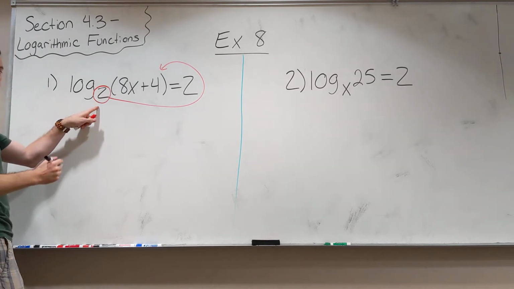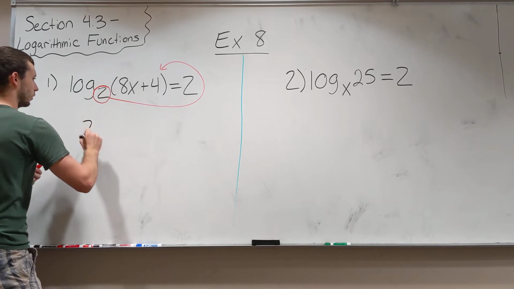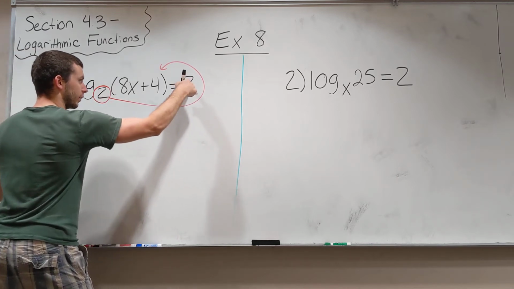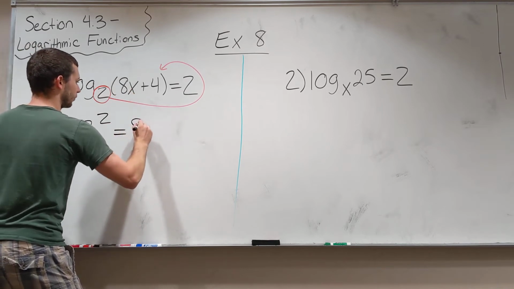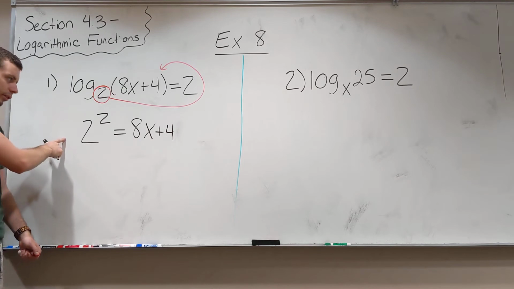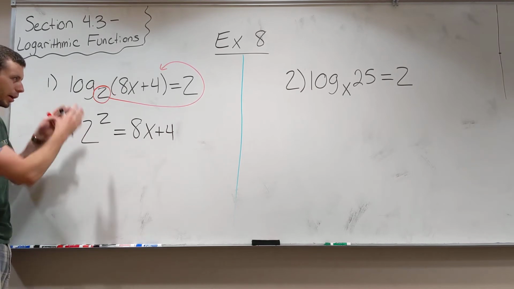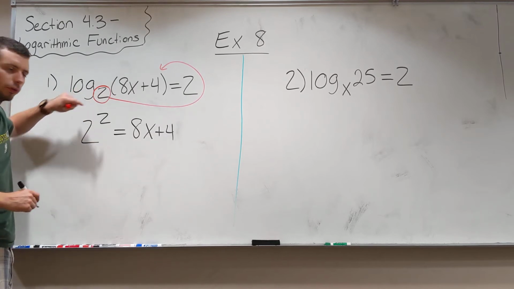So this tells us, we are rewriting this as an exponential: 2 raised to the second power is equal to 8x plus 4. And notice that conversion simplifies this into something that's really easy to solve. That's why this is such a natural idea to consider. And of course, 2 squared is 4.